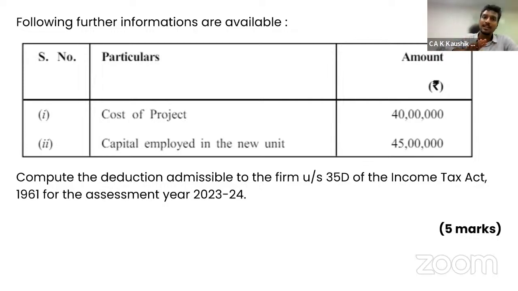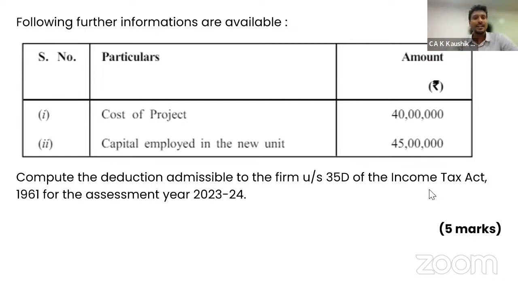So 5% of the cost of the project or the actual expenditure, whichever is lower, will become the eligible expenditure under section 35D. And 35D says that you can claim it over the next 5 years, 1/5 every year.